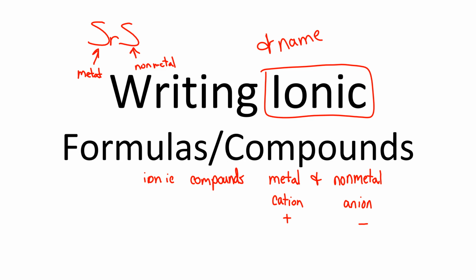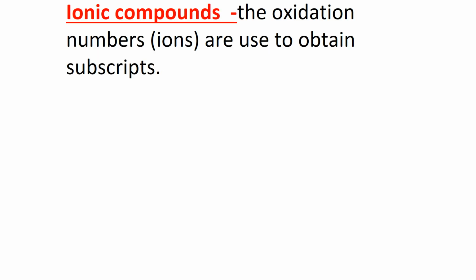There are a couple that kind of defy the rule, and as we get deeper in this, I'll bring those up. All right, so that metal, nonmetal is a general rule, but it can be broken. So just kind of know that. So ionic compounds, we use the oxidation numbers.